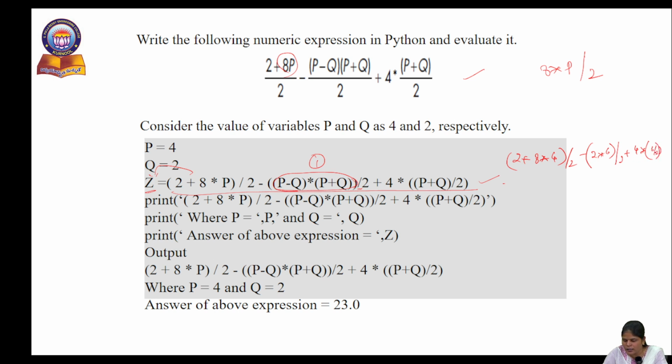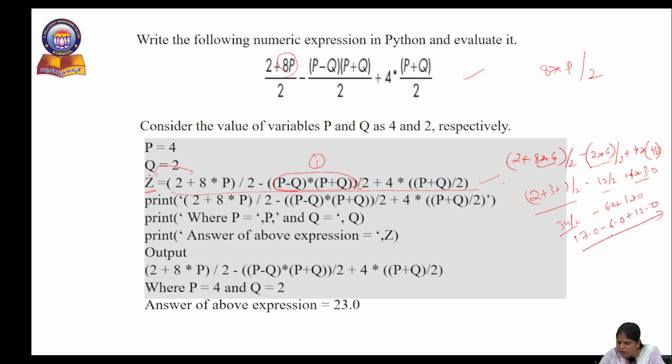So this is the inner equation I got. The first inner parenthesis is this: 12 by 2, plus 4 into 6 by 2, which is 3. Next, 2 plus 32 by 2 minus, so this will be evaluated. Now 34 by 2 minus 12 by 6 plus 4 into 3 is 12. Here we got 12.0. 34 by 2 is 17.0, minus 6.0, plus 12.0.